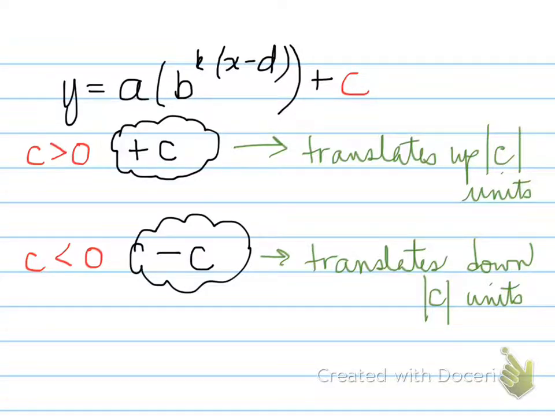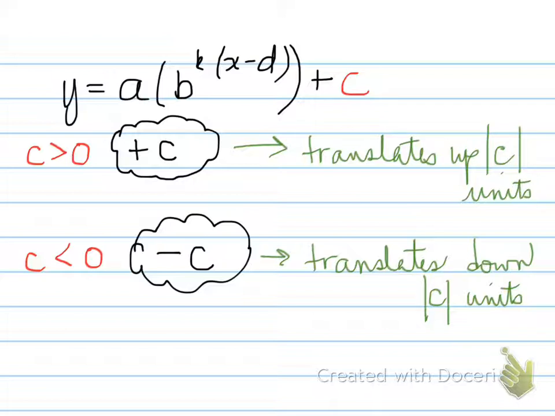I want you to understand that C and A have to do with things vertical. A means that it stretches and or compresses vertically, and C means that it moves up and down, so again vertically. So the A and the C are exactly as you see them, and they convert vertically.